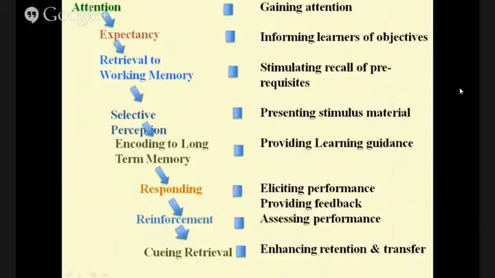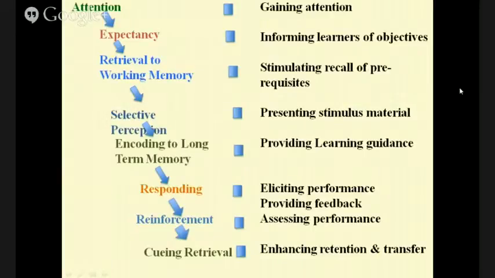Gaining attention जो आप यहाँ पे देख रहे हैं, so the learning process starts with an individual paying attention to a particular thing, object, phenomena, process, idea, information. So learning starts with attention. ठीक है?